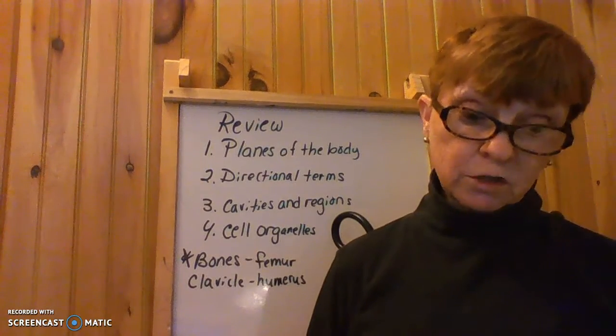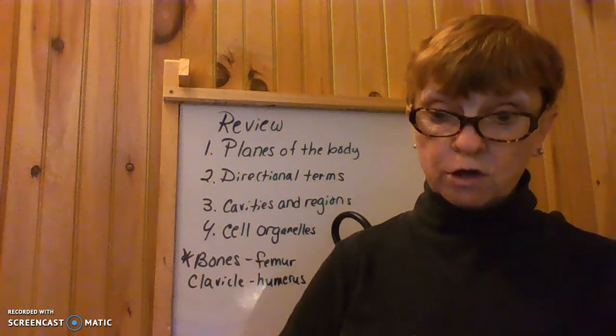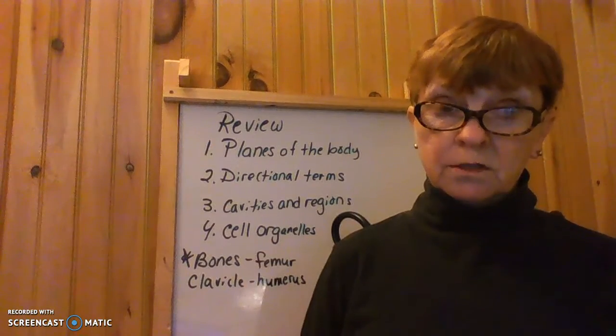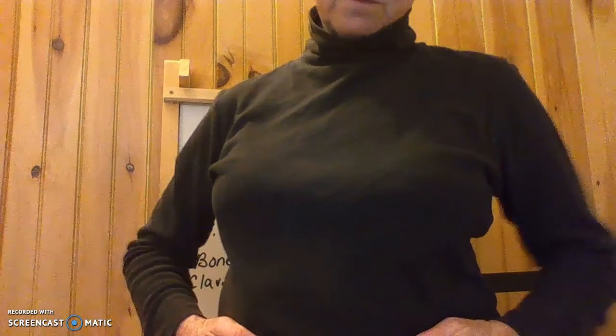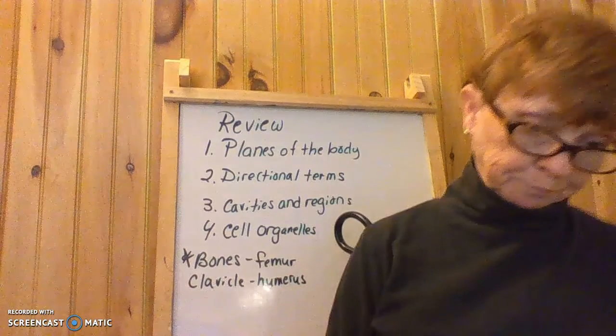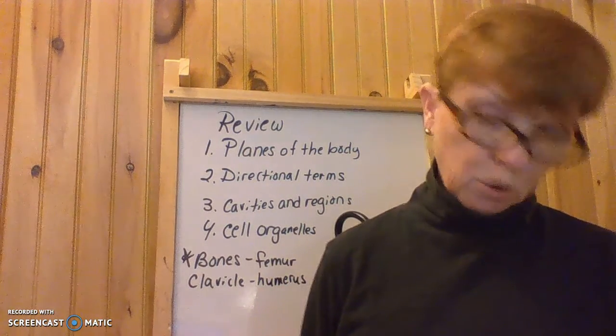Then we have the regions of the body, and we look at dividing your abdomen into quadrants. If you look at just the abdomen, I will stand for just a moment. So here I have my right and left upper quadrants and my right and left lower quadrants of my abdominal cavity. And then we also have the hypochondriac region.